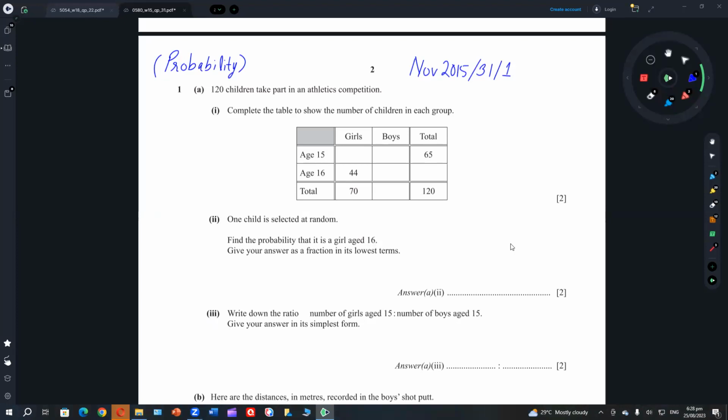Now you can see total is 70. So I can get this number by 70 minus 44. How much is 70 minus 44? 26.